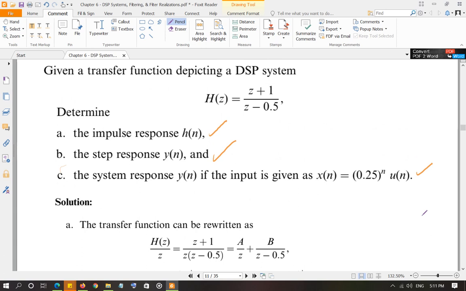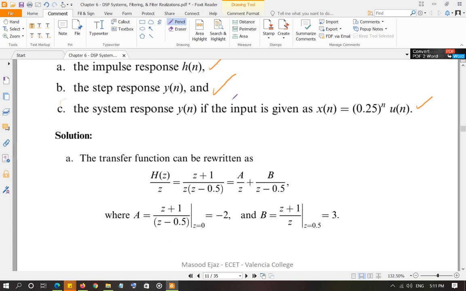Then Y(z) will simply be H(z), and you divide both sides by z. So Y(z) over z is equal to z plus 1 over z minus 0.5, written as A over z plus B over z minus 0.5 as a partial fraction.